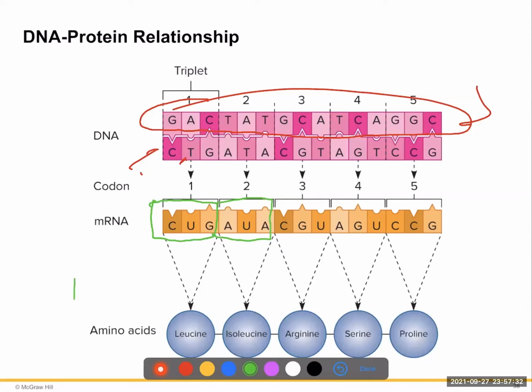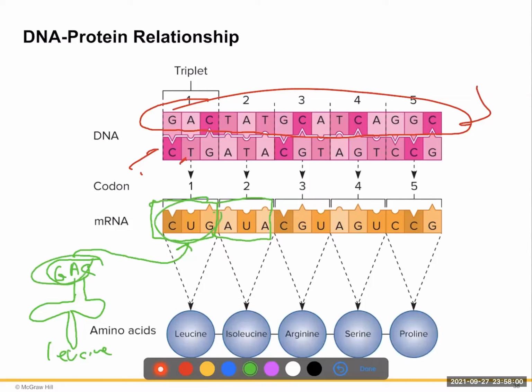Your transfer RNA would have G, A, C, and the GAC would bond right to the cytosine, uracil, and guanine. And GAC on a transfer RNA codes for leucine, your amino acid. So when the ribosome reads this, it matches it with this code here. These triplets combine, and we link that amino acid to the chain.